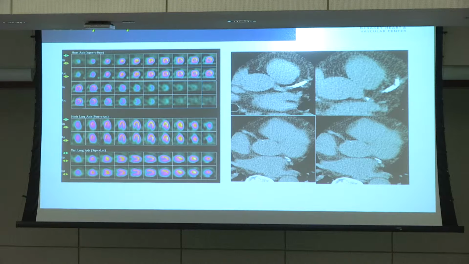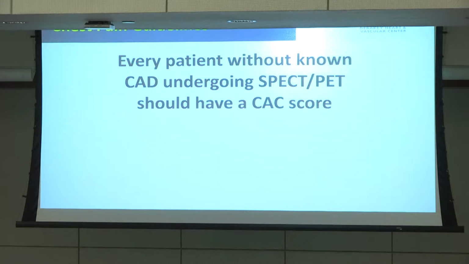Although he reached his target heart rate, that's not a good exercise duration by any means. And now you have a very high calcium score. So clearly, if you believe his symptoms, we sent him to the cath lab, and he has multivessel disease. He was clearly ischemic, but he was not going further because he was having a lot of symptoms.